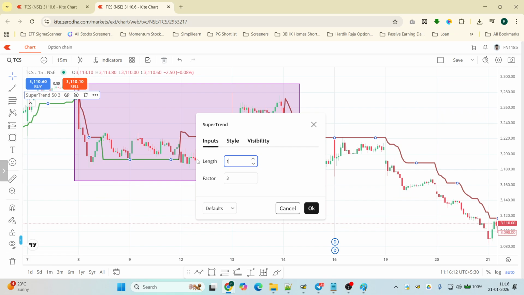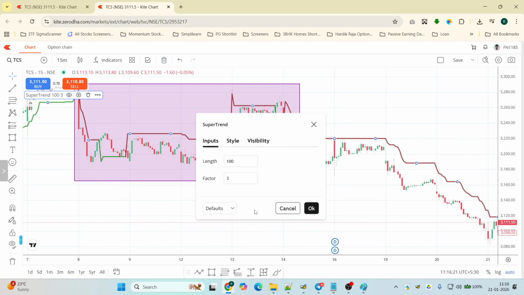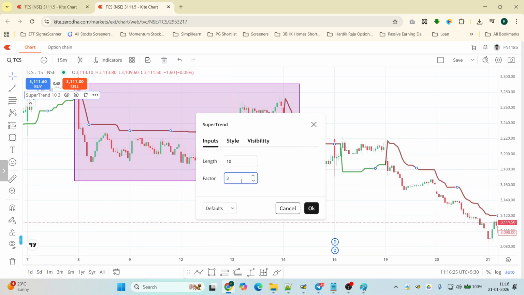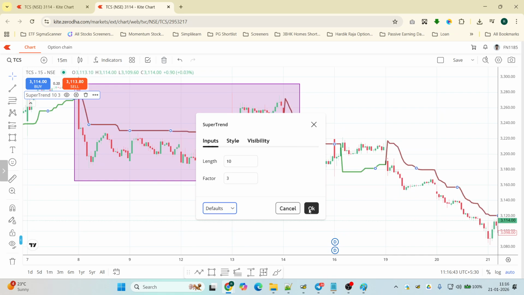So I change it to 10. You can see the change. If I change it to 100, for example, you can see how the super trend changes. By default the length is 10 and the factor is 3. Now if I change the factor to 1, super trend will become very close. Why? Because it is just multiplying by 1, which is almost the same as the low. So by default the super trend indicator is set to 10 comma 3.